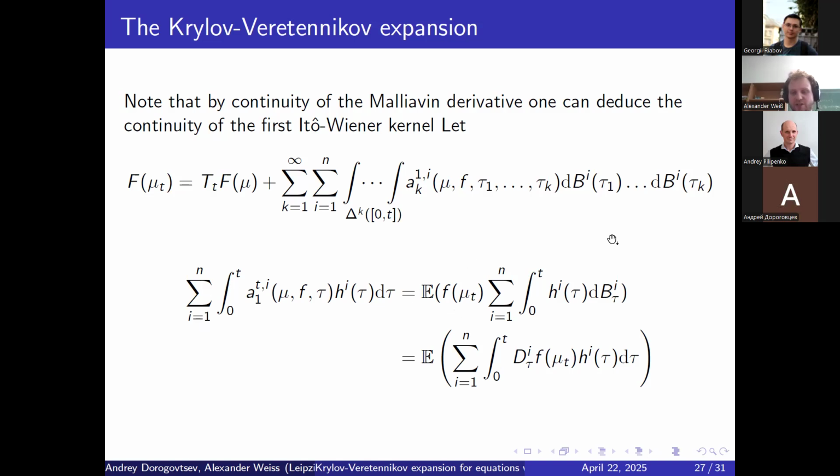This is just the expectation of our functional times this integral here, (sorry, this should be small f's here), and then by using the integration by parts formula, we can see how continuity of the Malliavin derivative is connected to continuity of our E2 Wiener expansion, because this is just this, where di denotes the Malliavin derivative into the direction of only one Brownian motion.